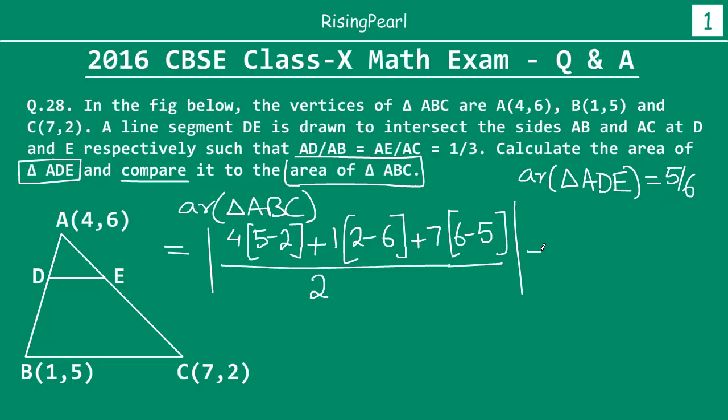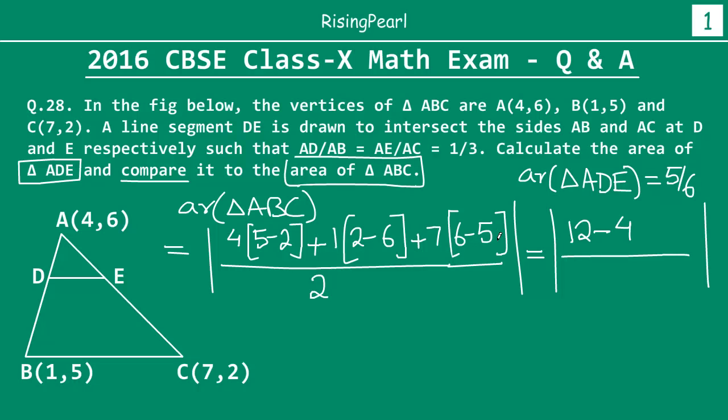So let's do it over here, give ourselves more space. This will be again the absolute value of this. 5 minus 2 is 3, so 4 3s are 12. Now this is minus 4: 2 minus 6 is minus 4, times 1 is minus 4.